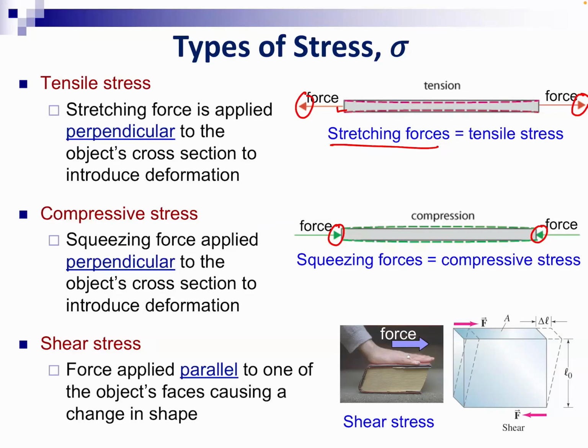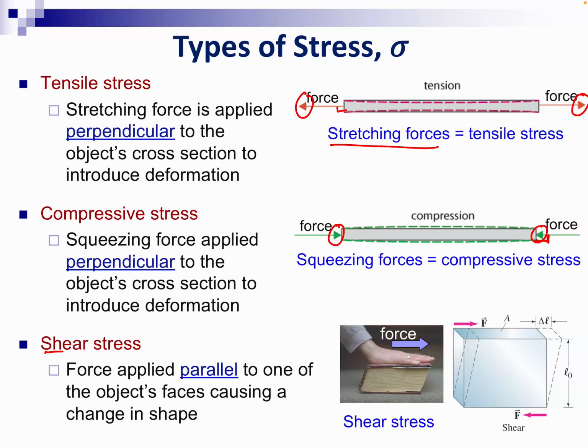Right, so for both tensile and compressive stress, notice how the force is applied perpendicularly to the cross-sectional area of the object. Shear stress is quite different, because the force is applied parallel to the surface. A very good example of shear stress is if you have a book and you apply a force parallel to the surface.